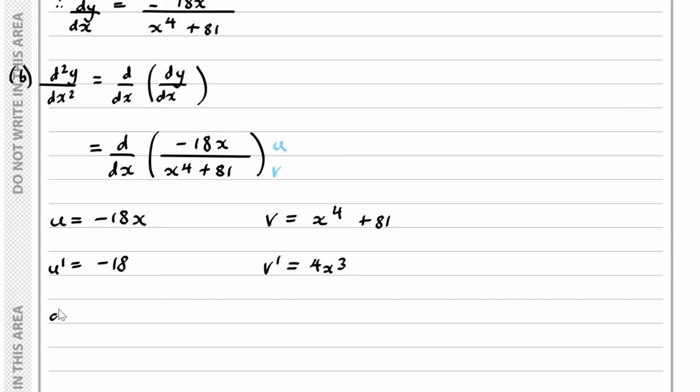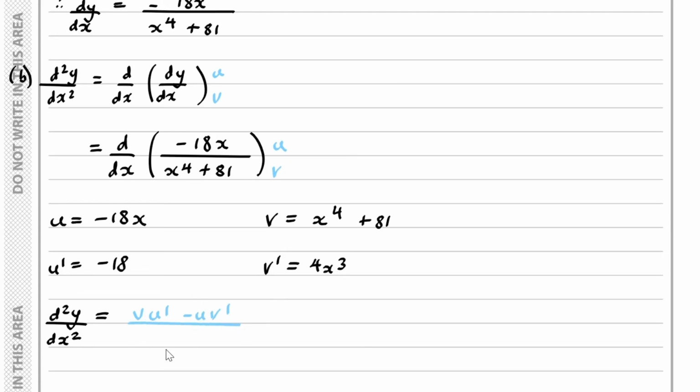So working out d squared y over dx squared, that will equal, if we see over here that u over v is the quotient, the derivative is equal to v u dash minus u v dash over v squared.